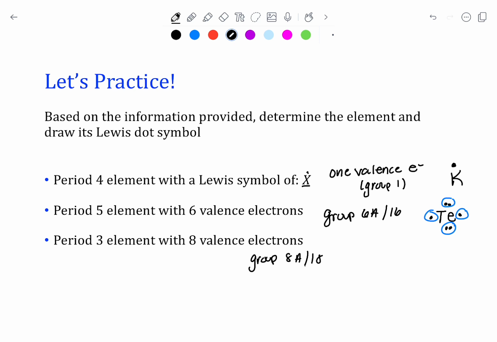And if you go to the 3rd row down, you'll see that this element is argon. Argon has 8 valence electrons, so we're going to show its Lewis dot symbol as 1, 2, 3, 4, 5, 6, 7, and 8, as all spots are filled because there are 8 valence electrons.